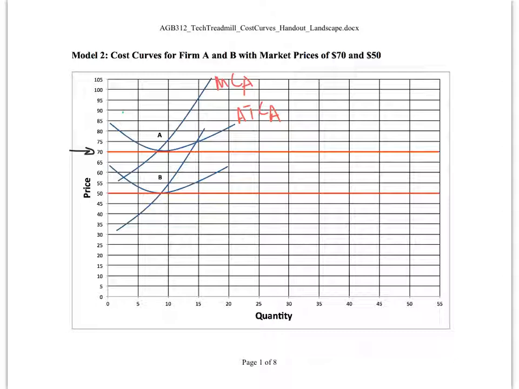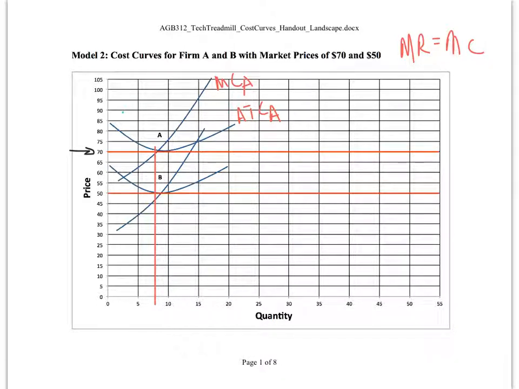More specifically, what happens? Well, if we look at the profit maximizing level of output, remember profit maximization is determined where marginal revenue equals marginal cost. So for the original technology, our profit maximizing level of output is approximately 7 or 8 units.